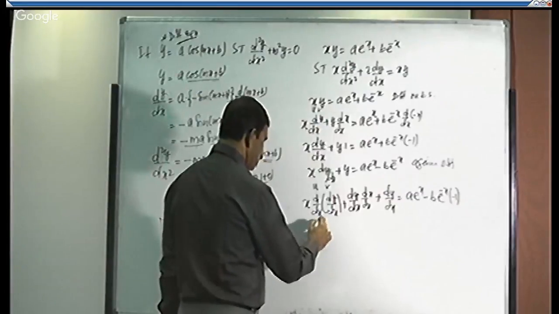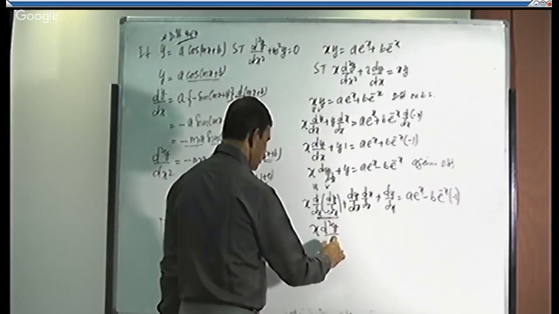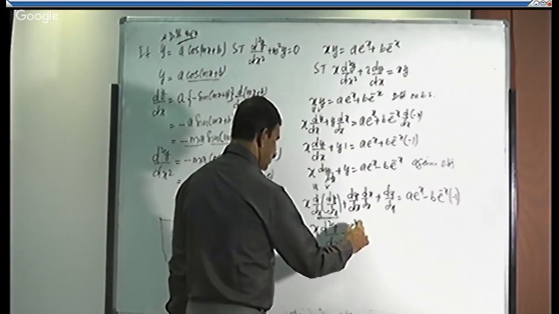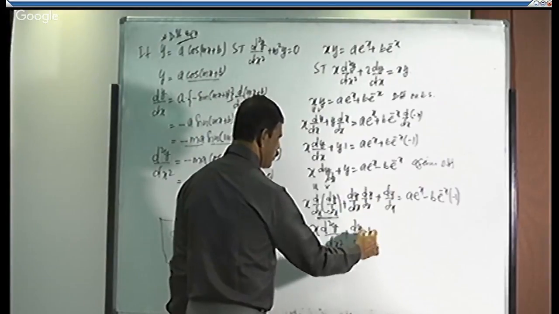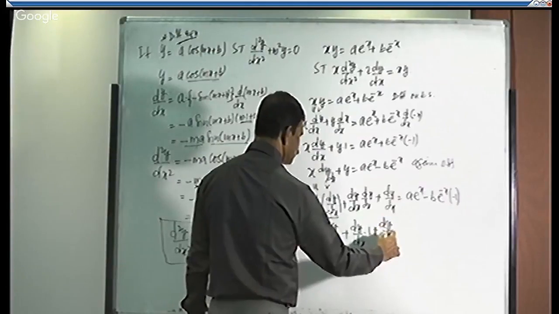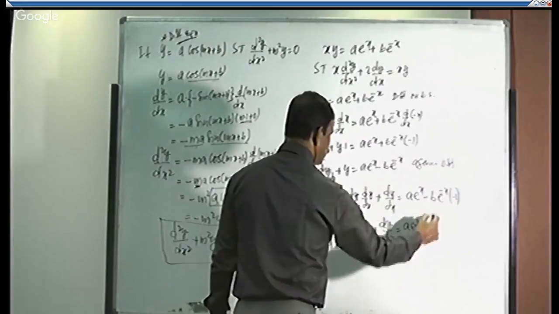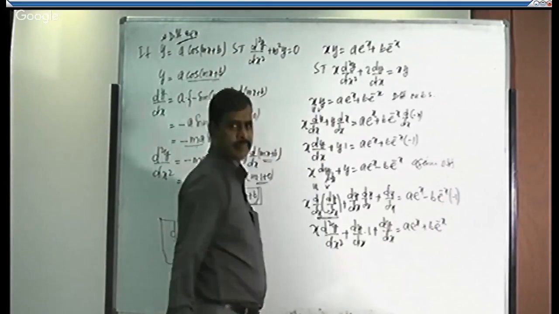x into what is this? It is d square y divided by dx square, plus dy by dx into differentiation of x, which is 1, plus dy by dx is equal to a e power x, this minus into minus plus b e power minus x.